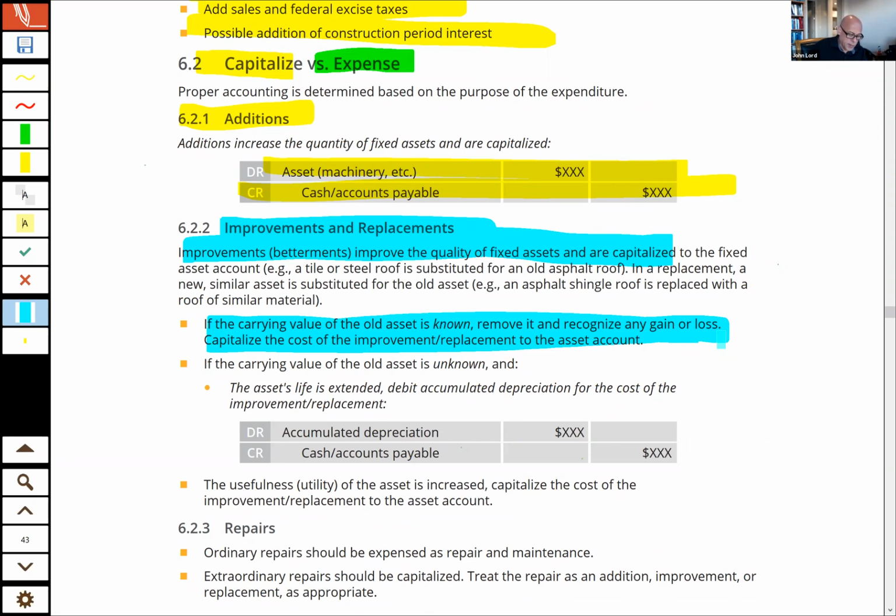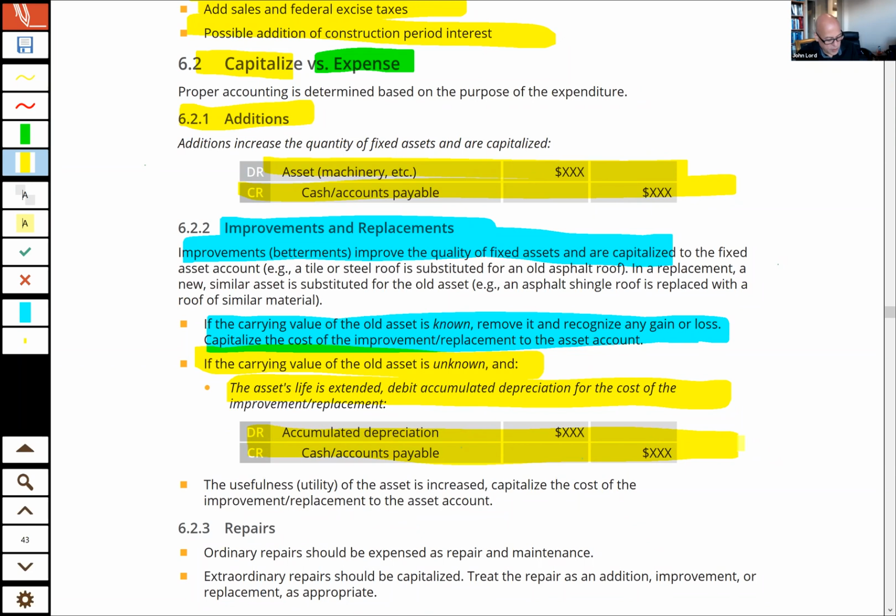Now, you say, well, what do you mean if the carrying value of the old asset is known? Is this poor accounting or something? Because they tell you if the carrying value of the old asset is unknown, then if the asset life is extended, debit the asset account. If the useful life of the asset is extended, debit the asset account. If the life is increased, debit accumulated depreciation.